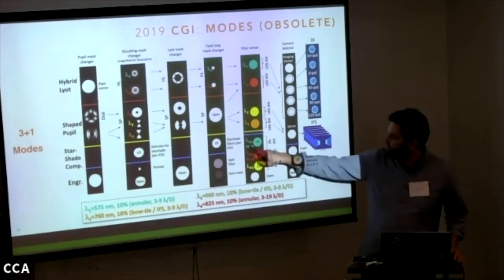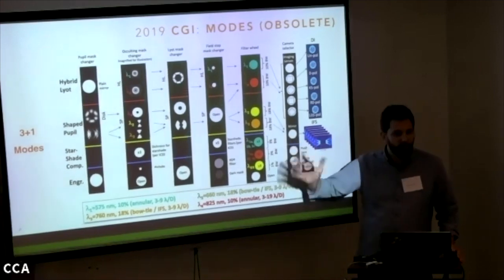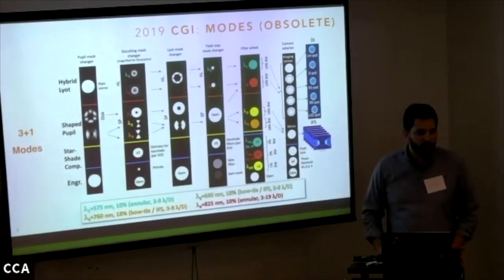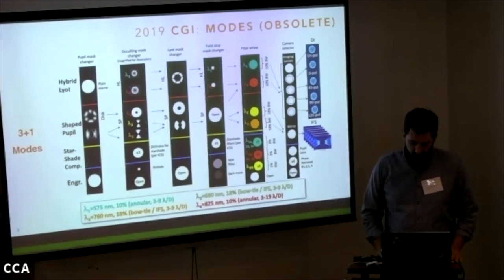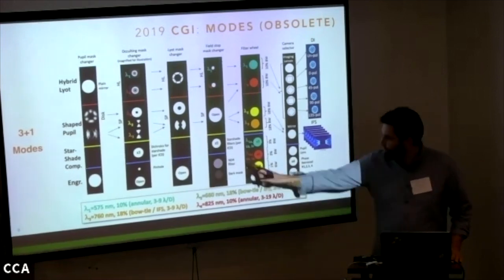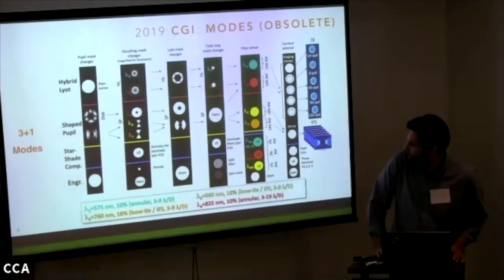So I assume it's like 1A, 1B, 1C to be close to each other. Actually, no, those are engineering filters for wavefront control. Okay. Engineering control. Yeah. There are filters for the Starshade at redder wavelengths. We're showing a blue band pass now.